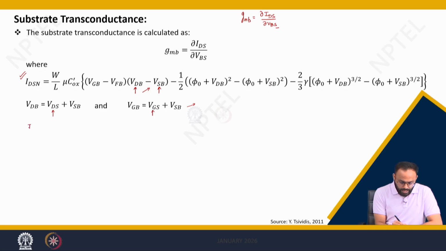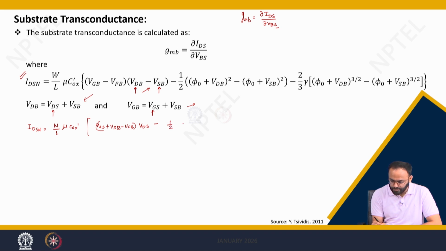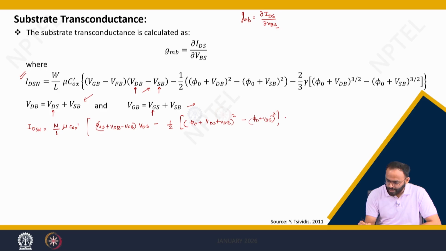So, we can rewrite this equation as IDSN is equal to W divided by L, mu into Cox dash into VGB, which can be replaced as VGS plus VSB minus V flat band voltage, into VDB minus VSB, which can be written as VDS, minus half of phi naught plus VDS plus VSB square minus phi naught plus VSB square, minus 2 by 3 gamma times phi naught plus VDS plus VSB to the power 3 by 2 minus phi naught plus VSB to the power 3 by 2.